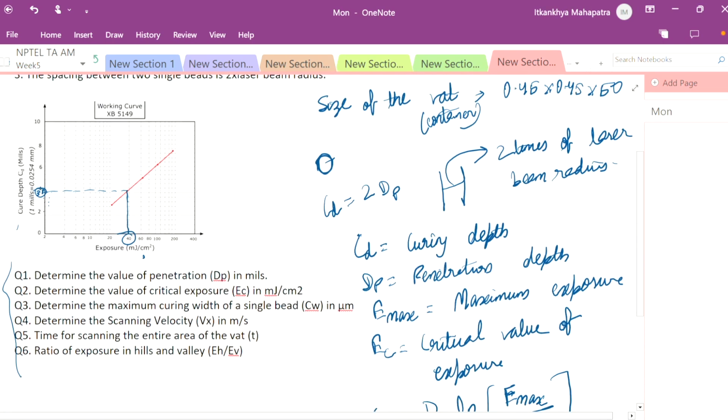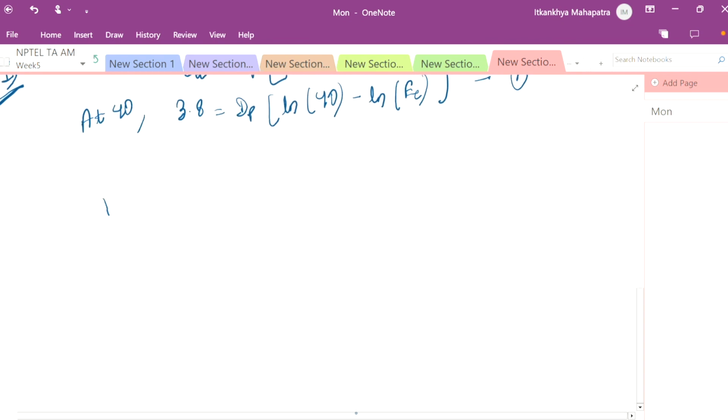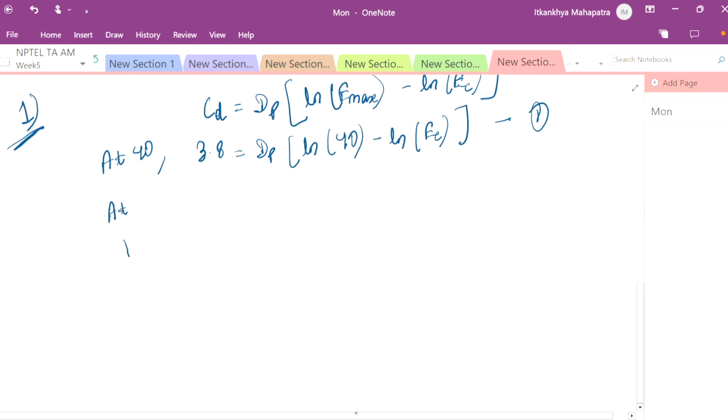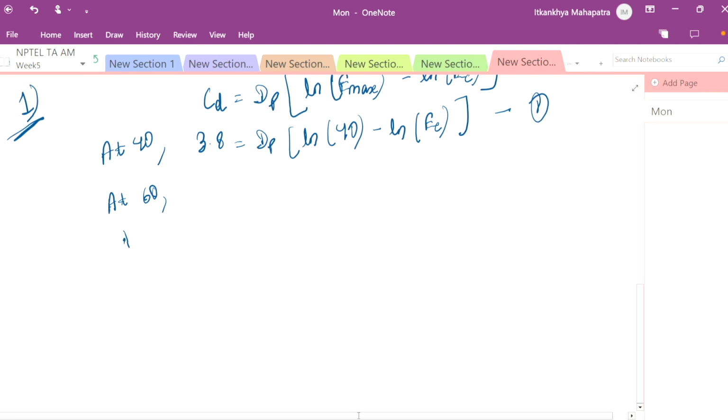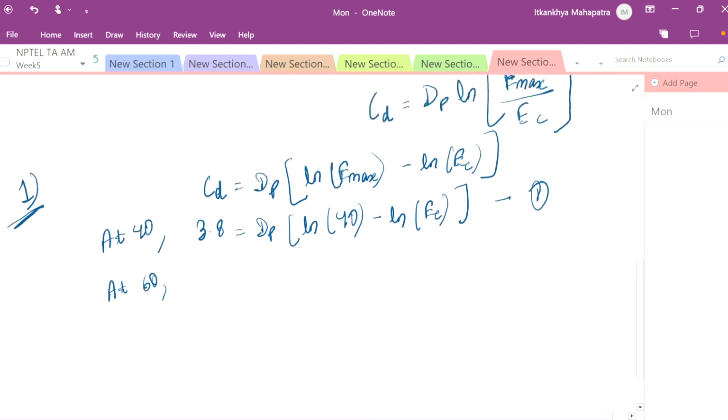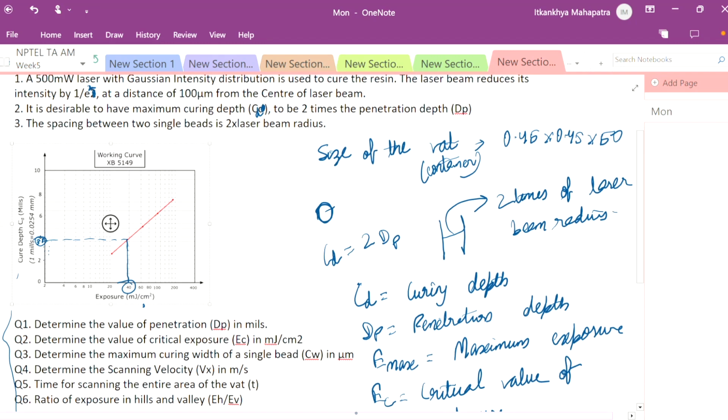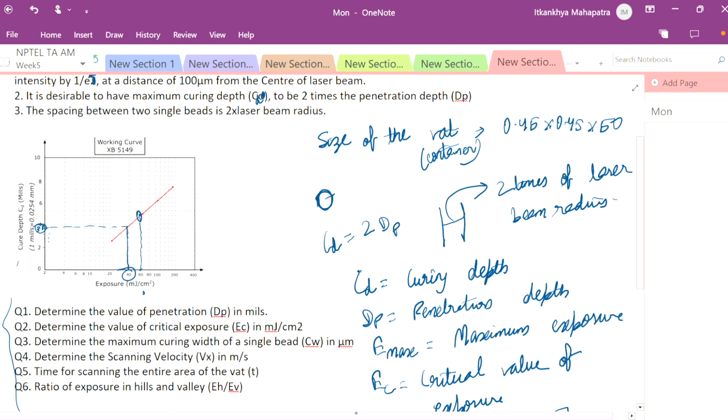Now again we will find out at 60. Again we'll draw the vertical line at 60, and if we draw the horizontal line, this will be approximately, if we consider this as 4, 4.4, 4.8, so 4.8 I am taking, and this is 60.